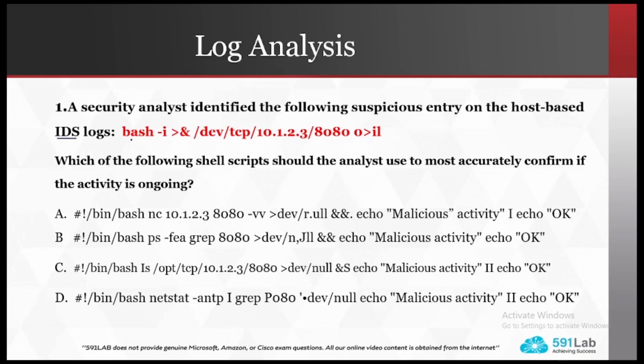Question number 1. A security analyst identified the following suspicious entry on the host-based IDS, or intrusion detection system, logs. So here is the suspicious entry: bash -i with the parameter /dev/tcp, some IP address with a specified port.